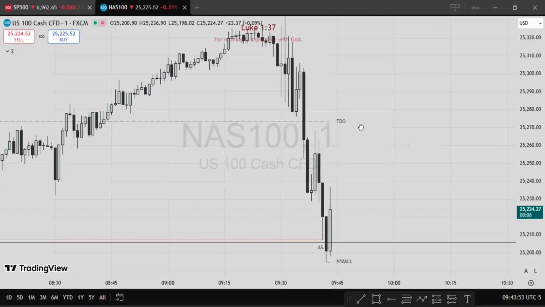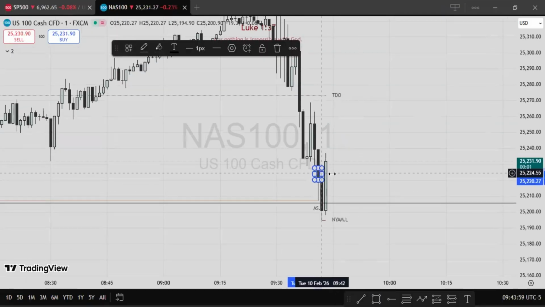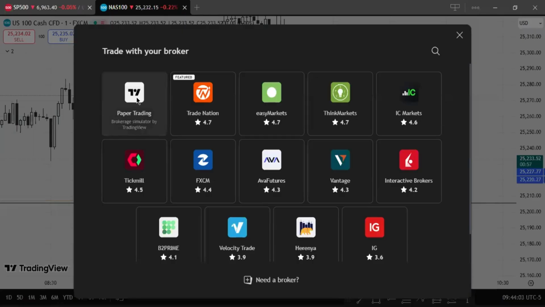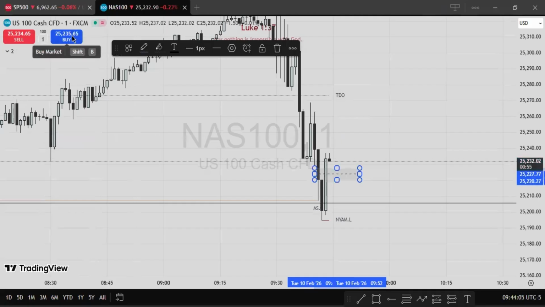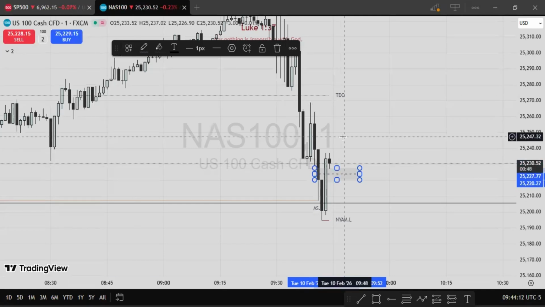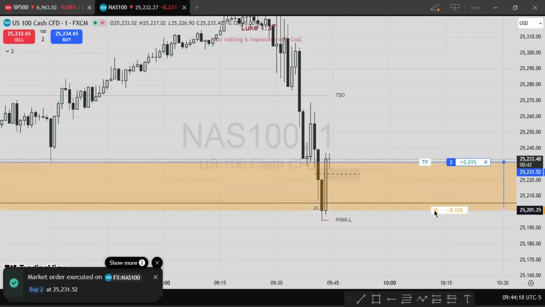Look at that, we're already creating an inversion there. Taking it with a 0.02, so on here I'm gonna take it with 2 so you guys can see how I'm managing my trade.